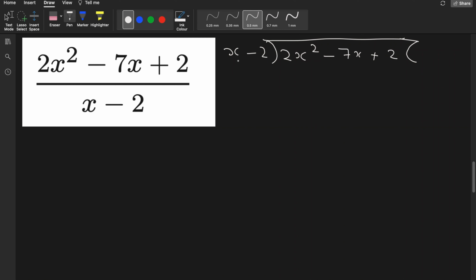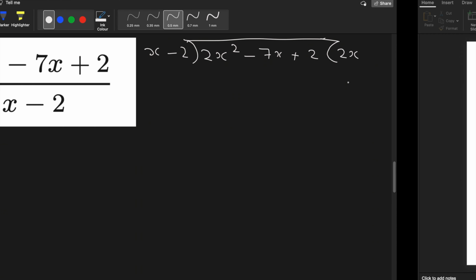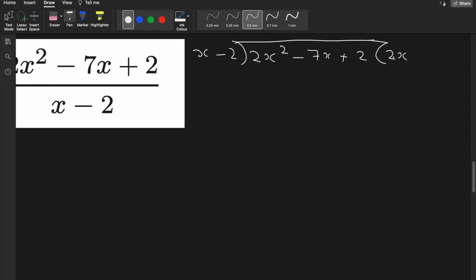What multiplied by x would give us 2x squared? It's 2x, right? So we write that over here. And then we'd get 2x squared. When we multiply this by this, we get minus 4x. Let's subtract this.